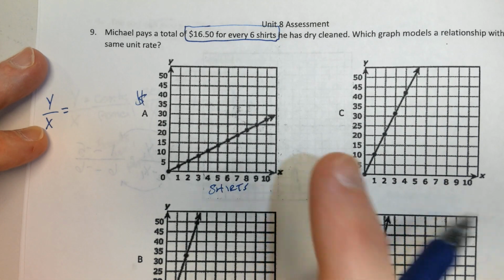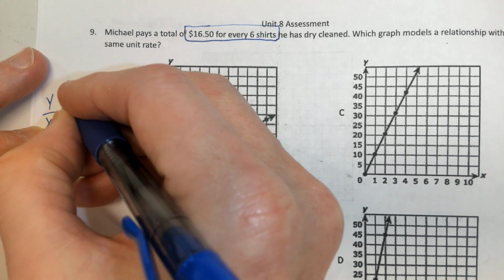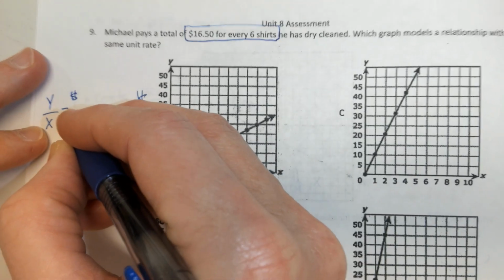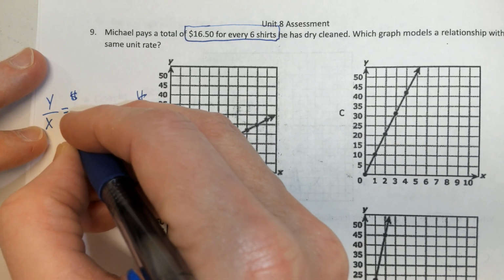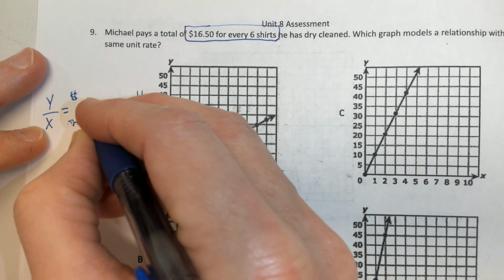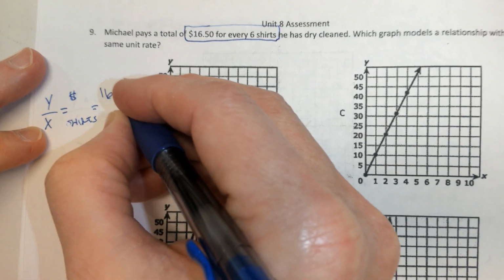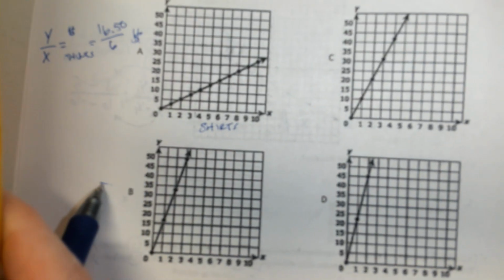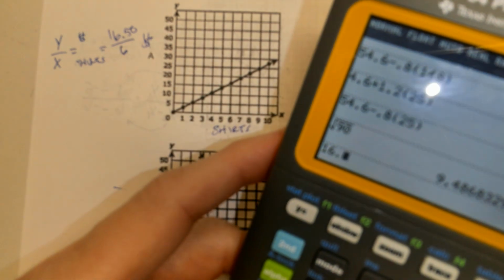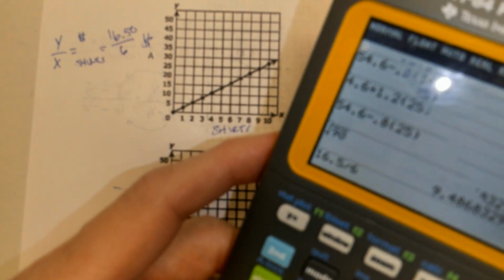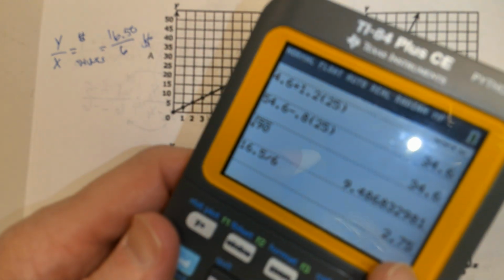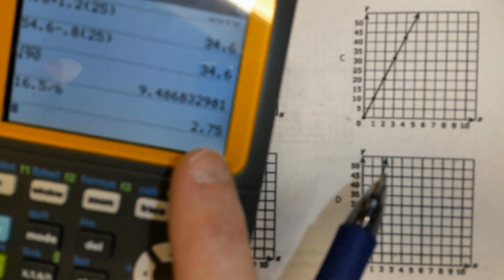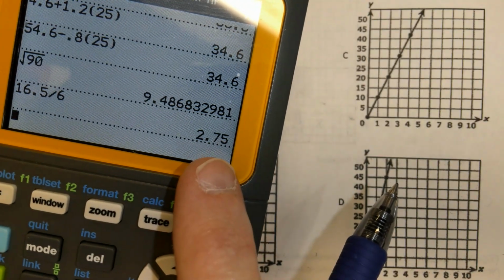So if my y value is dollars and my shirts are my x values, then I know I'm going to take 16.50 and divide it by 6. That's going to give me my unit rate, which gives me a value of $2.75 for one shirt.